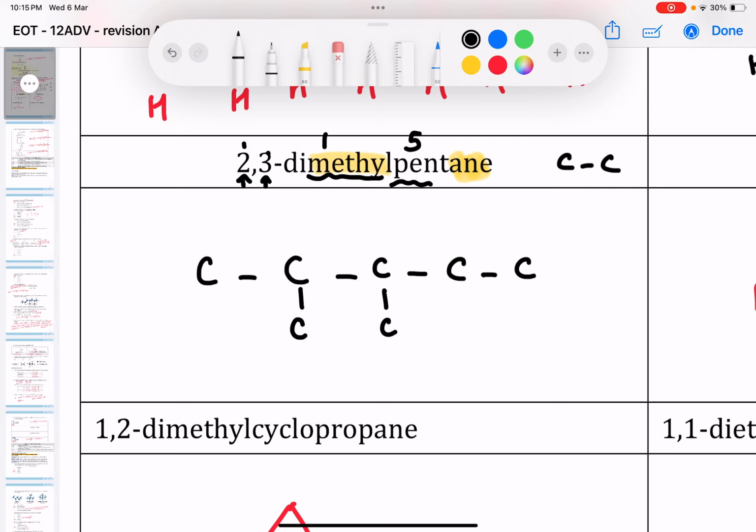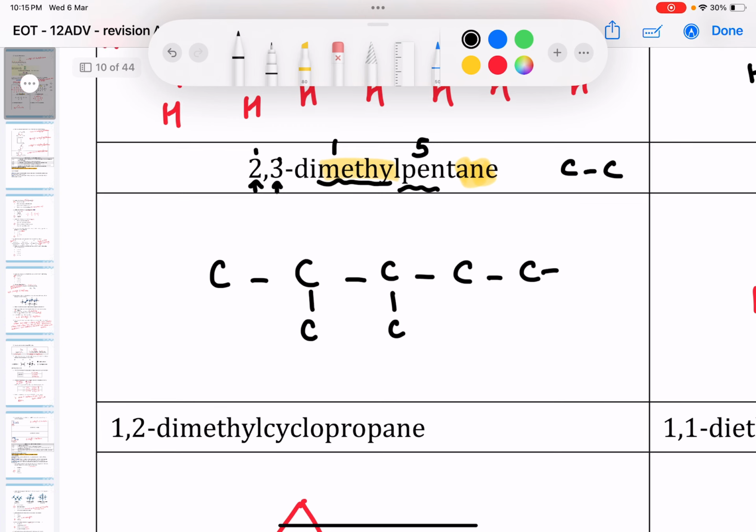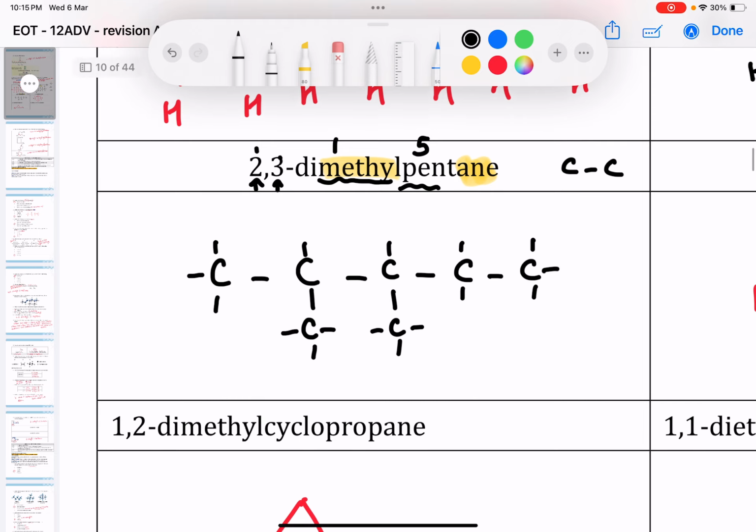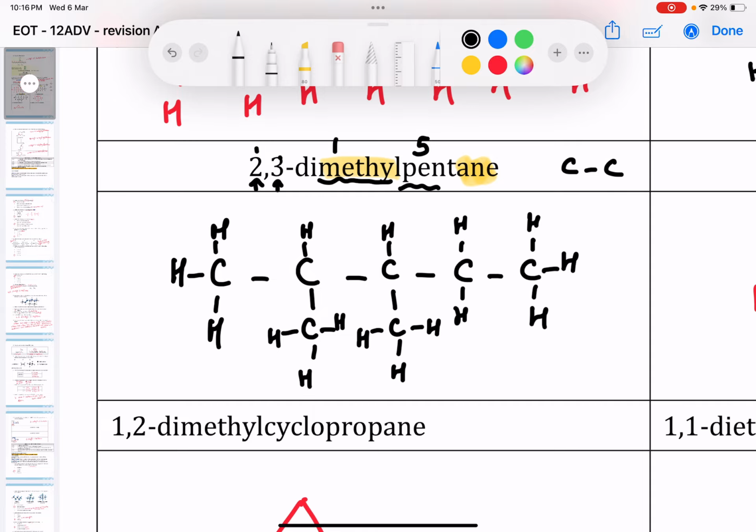We need to complete it with hydrogen atoms. And as I mentioned, every carbon can take up to 4 bonds. And now you fill the rest with hydrogens. And this is the drawing of 2,3-dimethyl pentane.